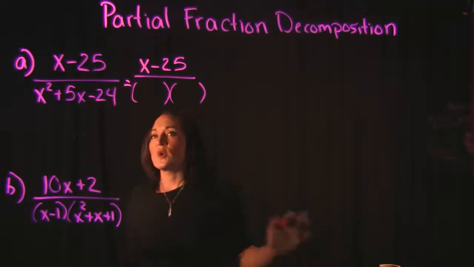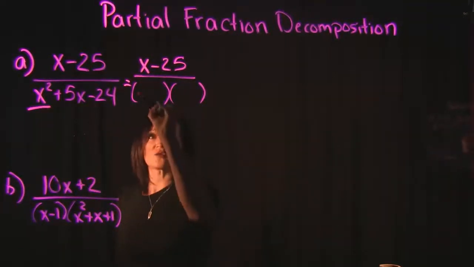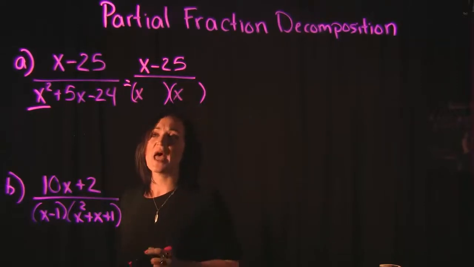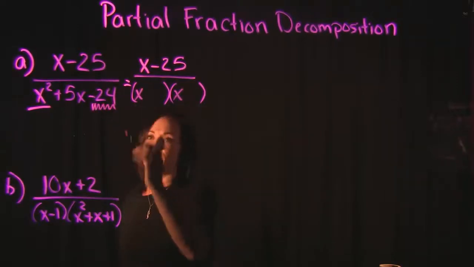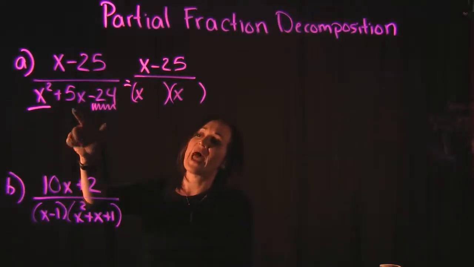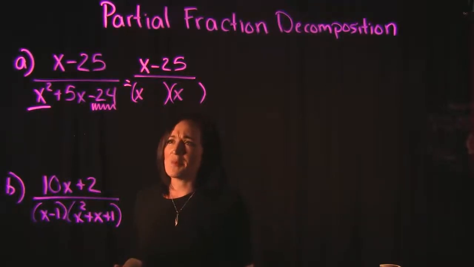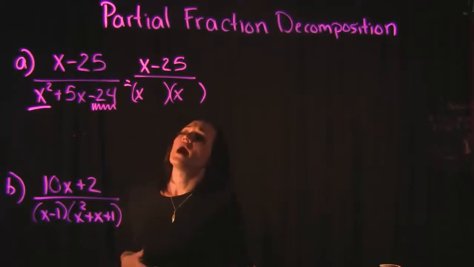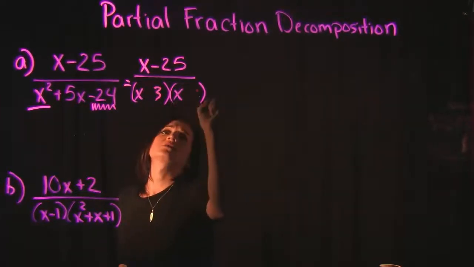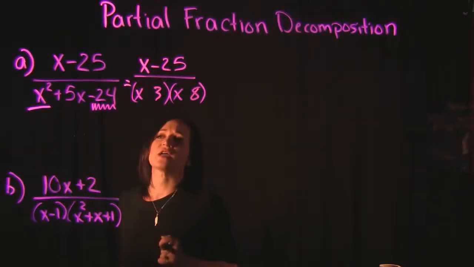When we do this factoring, we're looking at x squared, and we know that x squared factors to an x times an x. Then we're looking at the 24, and we're looking for what multiplies to get 24 but adds or subtracts to get 5. So let's see, we can use 3 and 8 for our numbers here. 3 times 8 is 24, and 8 minus 3 does give us a 5.